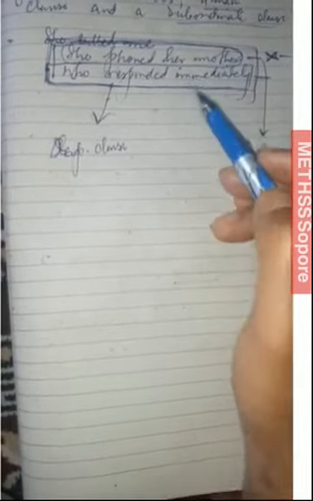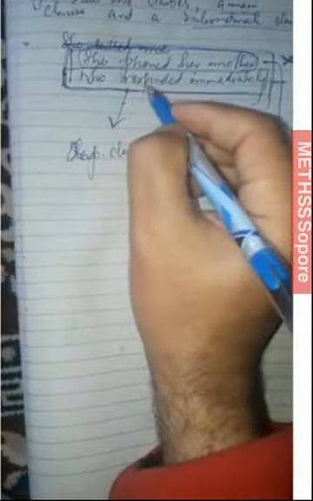Some conjunctions introduce a subordinate clause. Look, this is a subordinate clause. It has been introduced by the conjunction who.